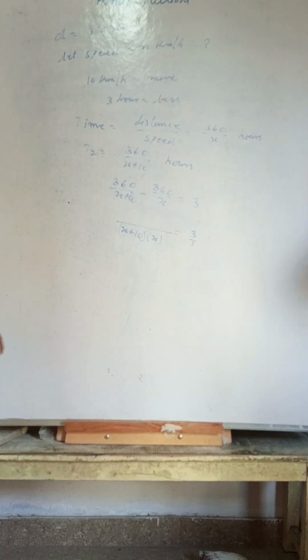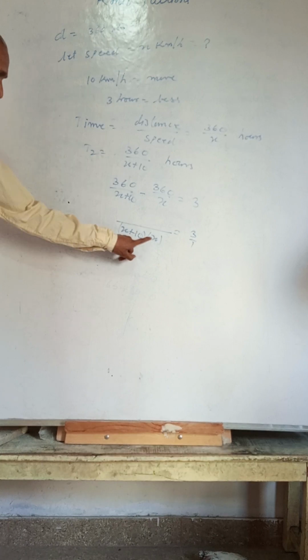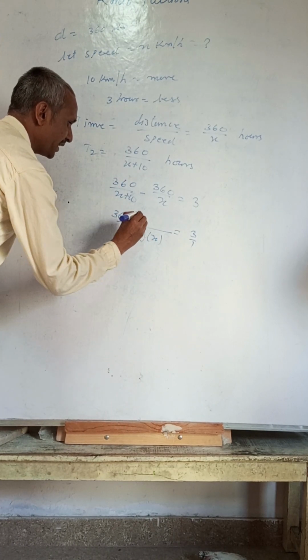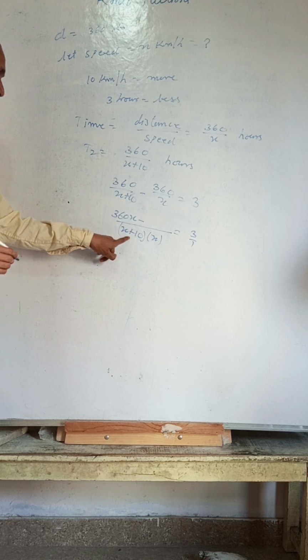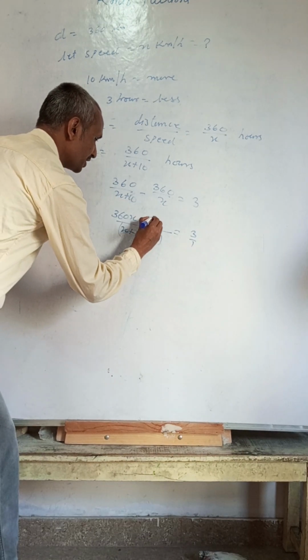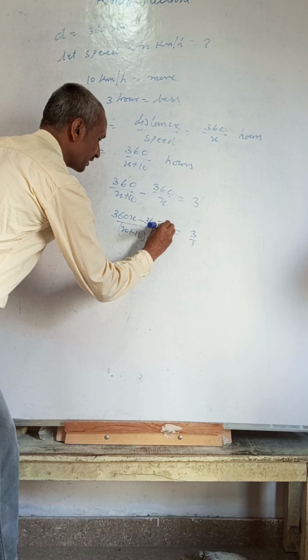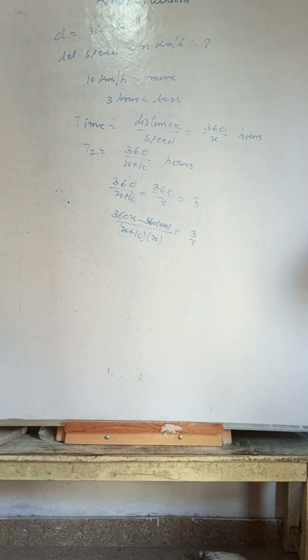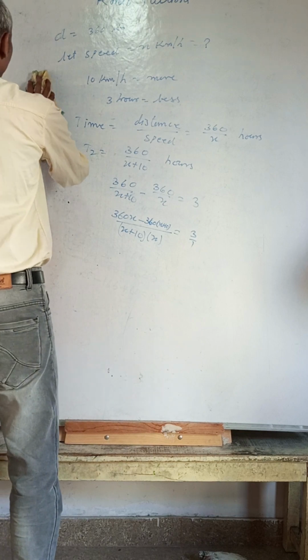We can write it. x plus 10 cancels. 360x minus 360x cancels, so this remains: 360 into x plus 10 is equal to 3 by 1. Now the next step we will do later.